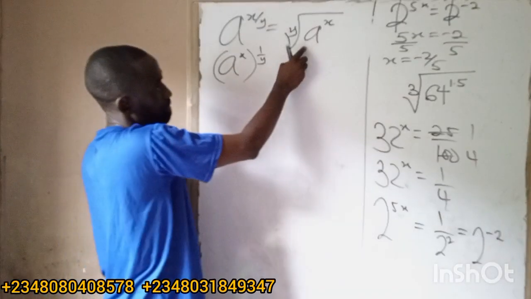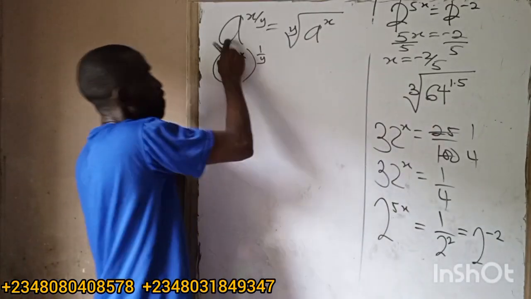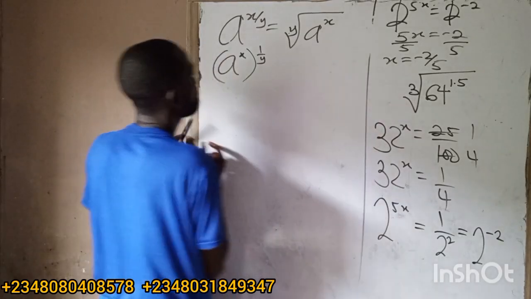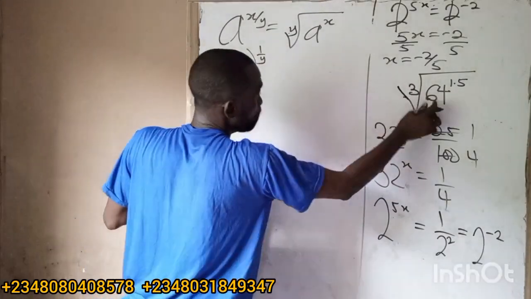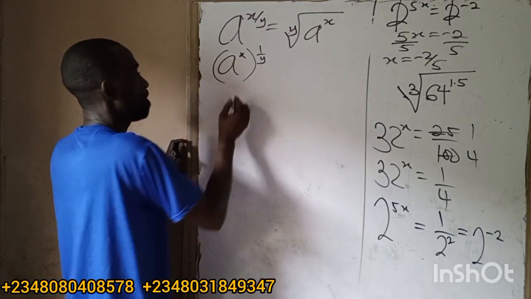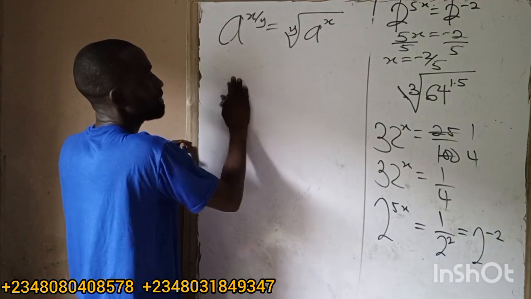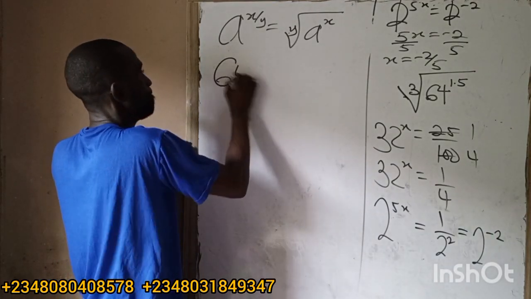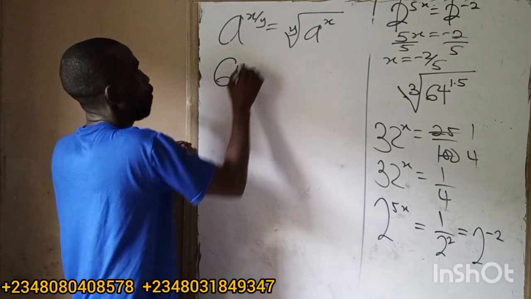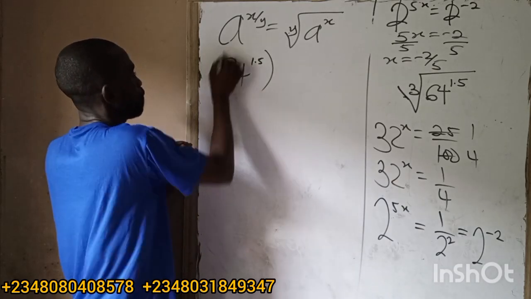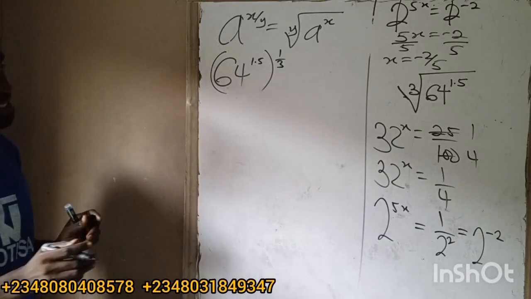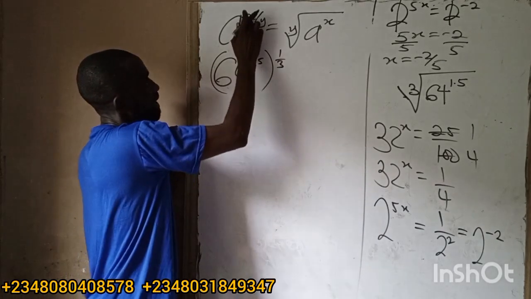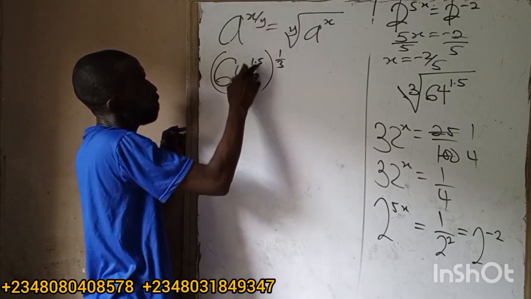This one here changes to this form. So based on what I have here, a will be 64, x will be 1.5, and y is 1 over 3. Like I told you, you understand now? Where's our x? x is 1.5.